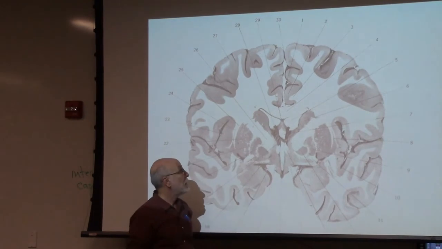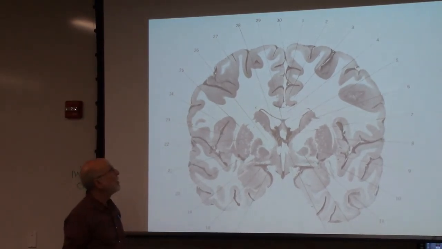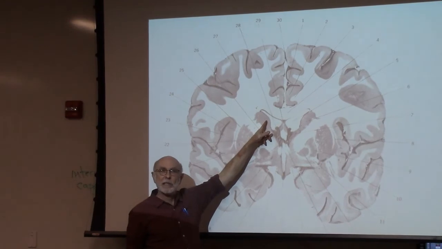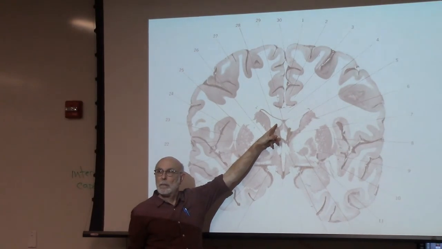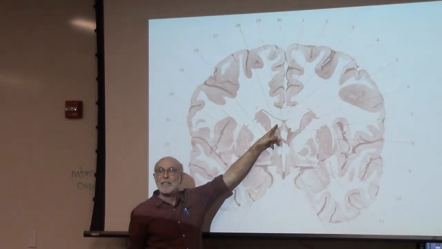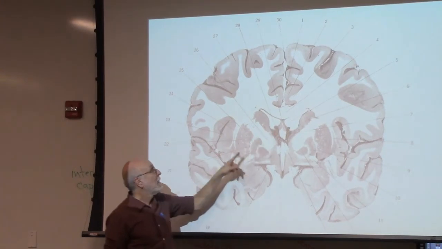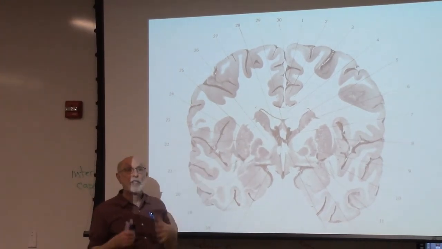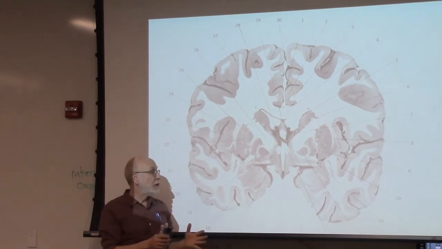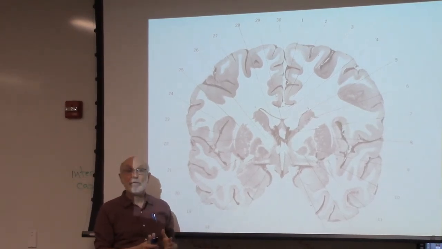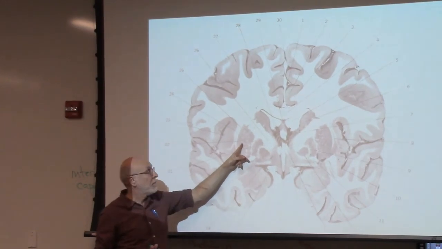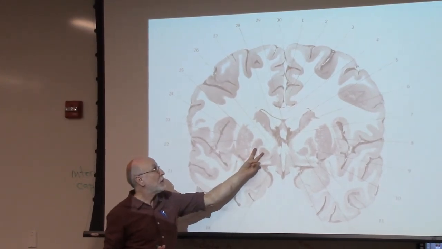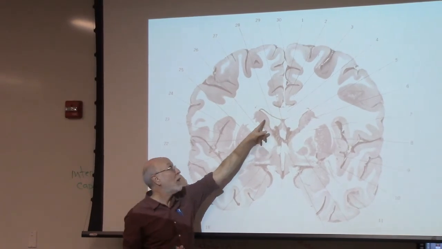Things are different, though. What do you suppose this gray matter next to the lateral ventricle is? It's still the caudate. This is the putamen. We're still in front of the thalamus. So this is the caudate in this coronal section, this is the putamen, and here's the internal capsule, separating the caudate from the putamen.